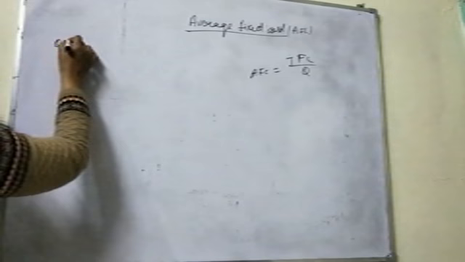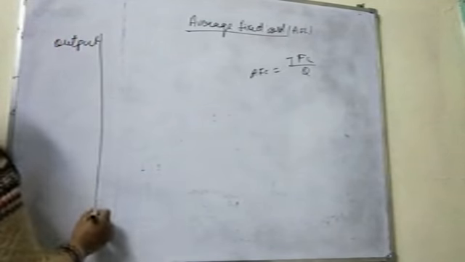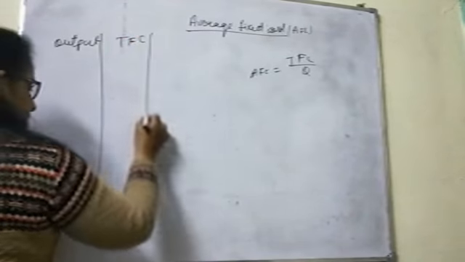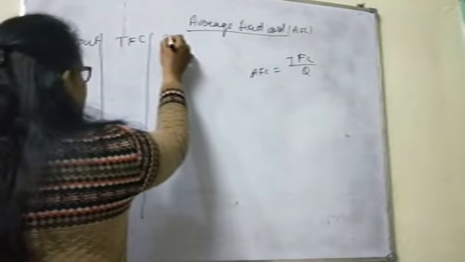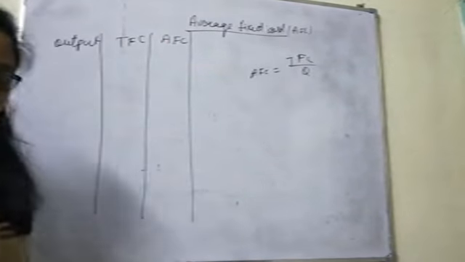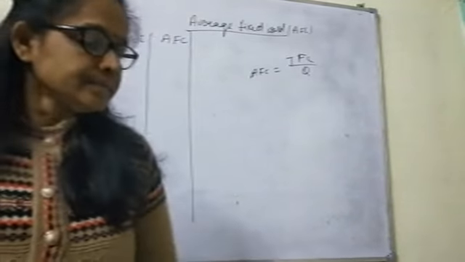So first we'll take output, then we'll take TFC, and then with the help of output and TFC, we will be able to calculate AFC. Is it clear to all of you? This is how we will be able to calculate AFC.